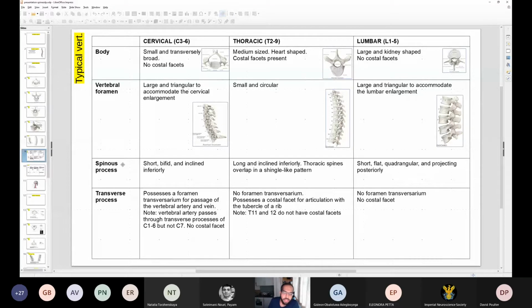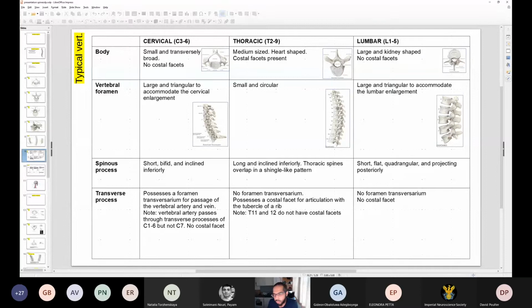The spinous processes in the cervical region are short, bifid, and inclined inferiorly. We said this is something you can appreciate in a sagittal view, as in this one. In the thoracic region, they are long and inclined inferiorly, and they overlap, maybe not exactly in these, but more inferiorly in the thoracic region.